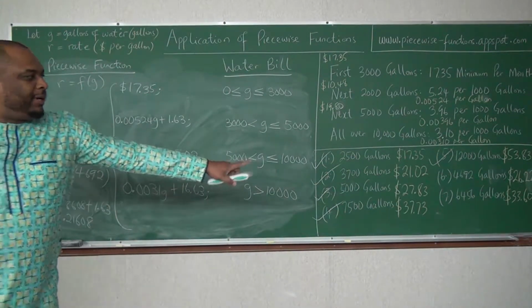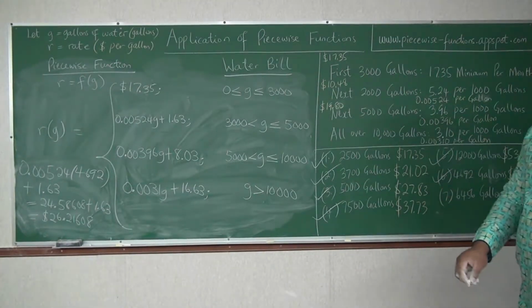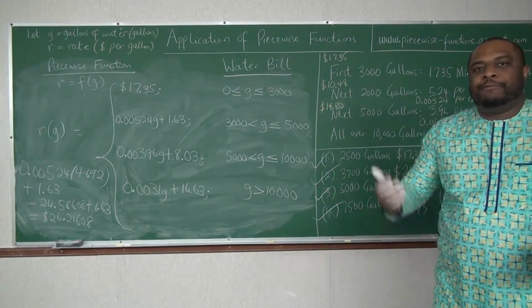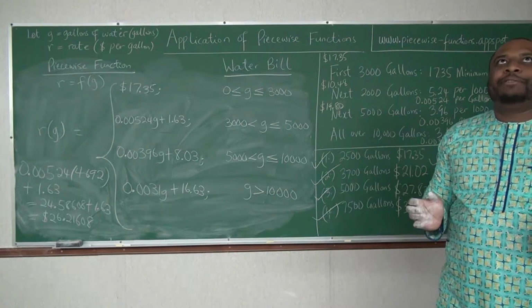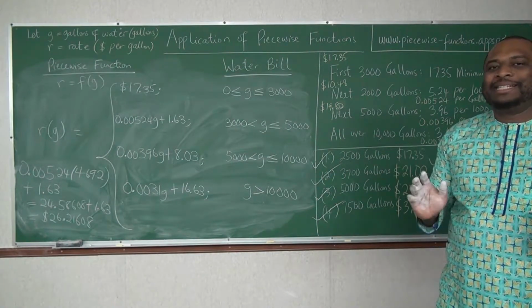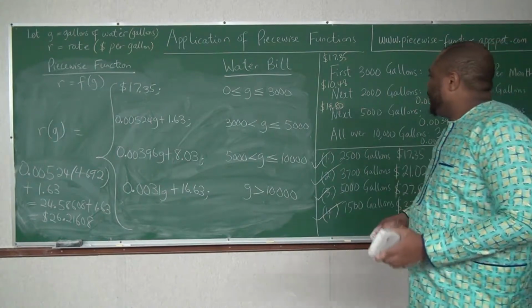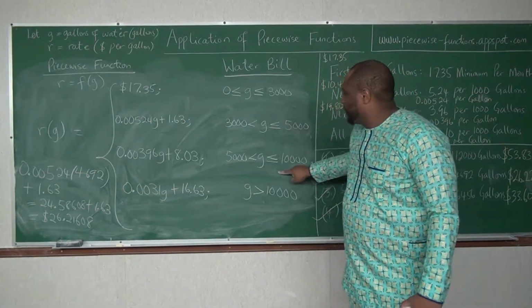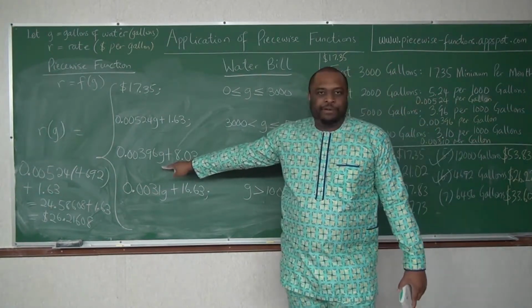Alright. Last but not the least is 6456 gallons. You ask yourself, what interval does it fall in? Like I said, piece is literal. Mathematical term, we say interval. So 6456 falls in this interval, and for everyone in this interval, use this function.